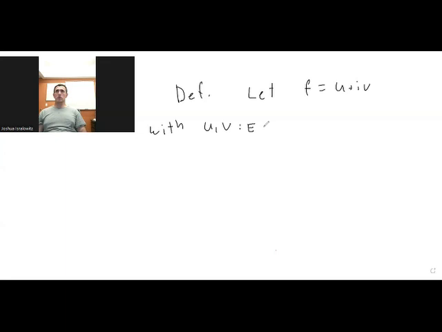E is a measurable subset. Now let's assume both are finite almost everywhere.